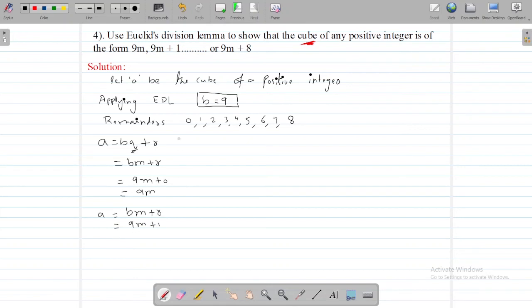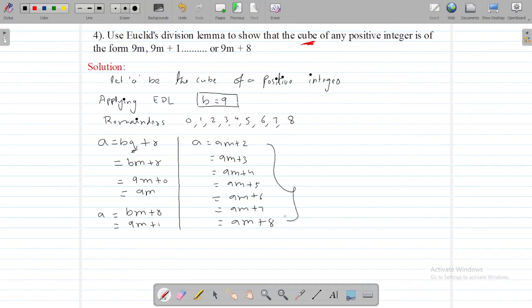Similarly, I can get a is equal to 9m plus 2, 9m plus 3, 9m plus 4, 9m plus 5, 9m plus 6, 9m plus 7 and 9m plus 8. So these are all the values which I am getting.